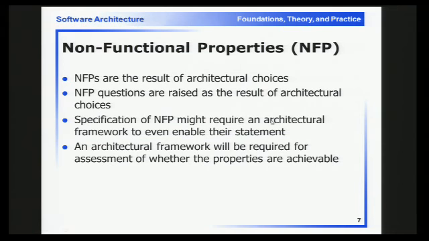So non-functional property questions are now raised as a comparison between architecture alternatives. And the specification of non-functional properties might require an architecture framework to enable you to state what kind of upper bound and lower bound you are going to define for specific non-functional requirements. So by showing the evidence, you are mitigating the risk of not achieving a specific non-functional requirement at the end of the project.